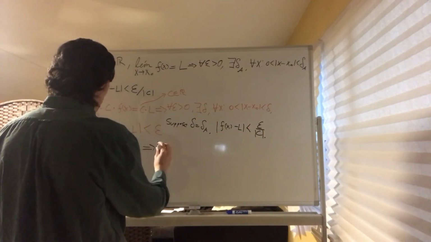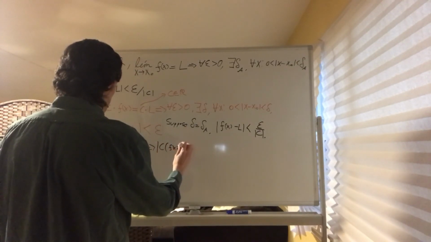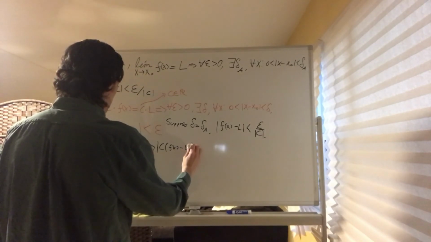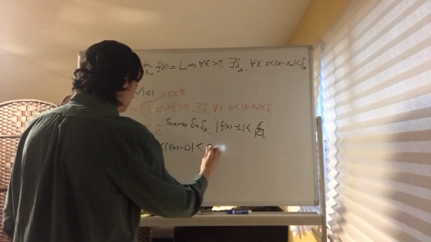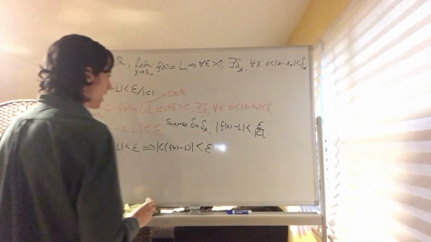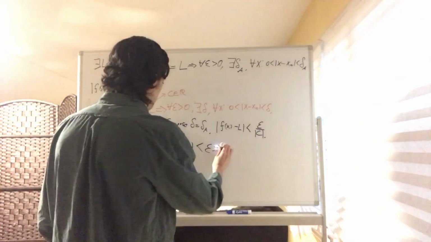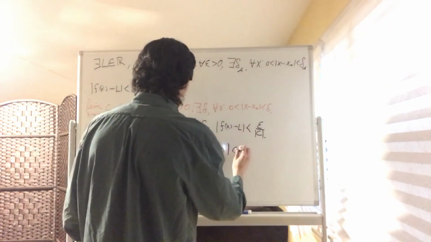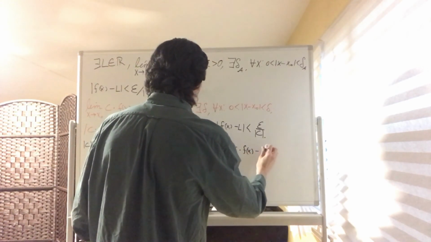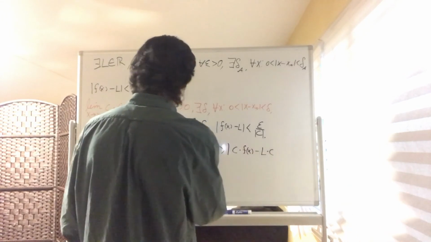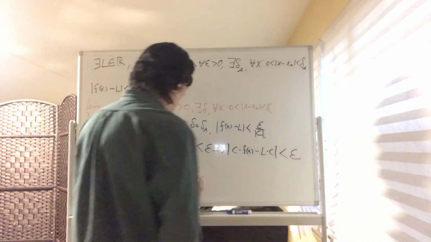So now we have the absolute value of c times f of x minus L, which is the same thing as we had before, so it's still less than epsilon. And then we can distribute this c here. So then we get c times f of x minus L times c is less than epsilon.